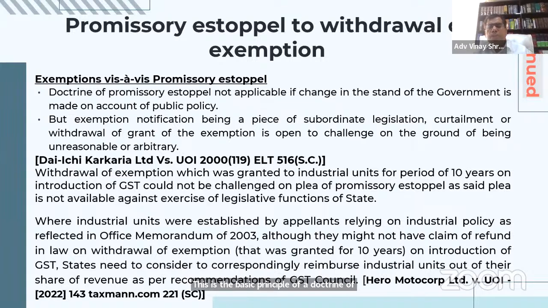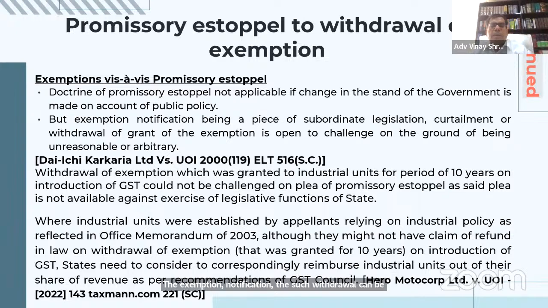Now, in this backdrop, if the exemption notification is withdrawn, then whether one can argue that on the basis of the doctrine of promissory estoppel, such withdrawal can be challenged.